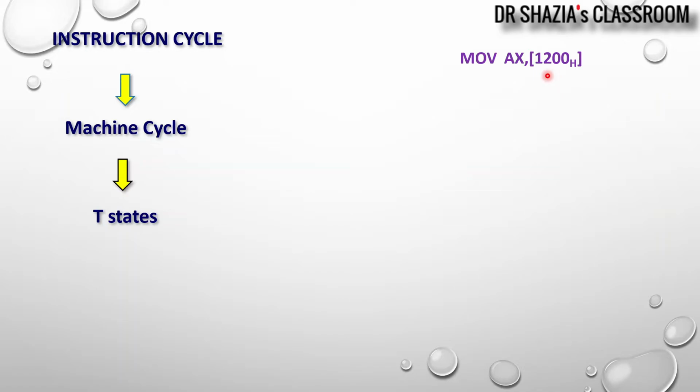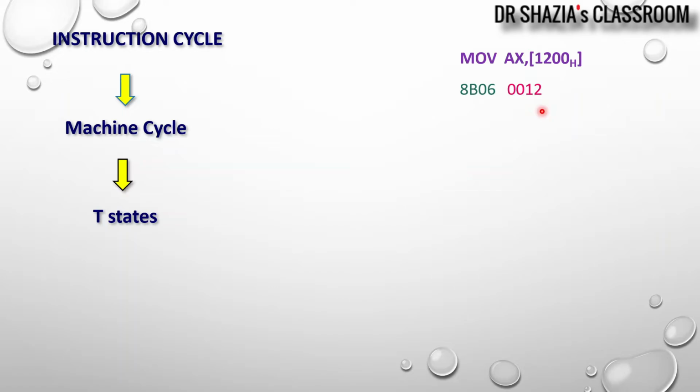We are going to copy the content present at this offset and the next offset 1201 onto the AX register. This instruction is stored in the code segment as machine code, or in binary format. We have already seen in my previous video how to generate the machine code for any instruction. So referring to that, I have taken these values.